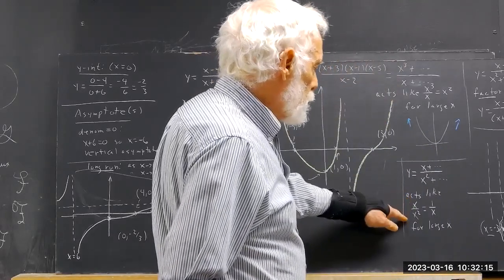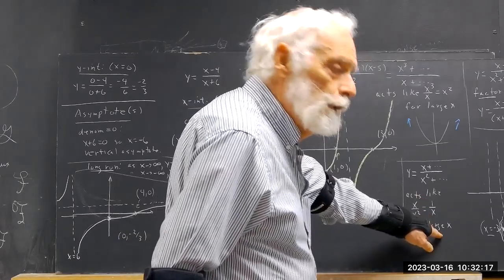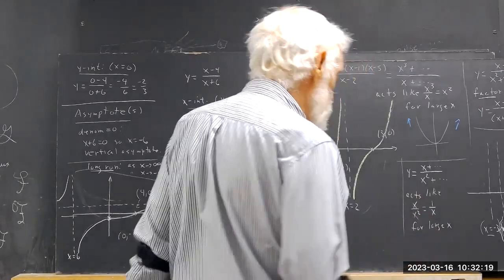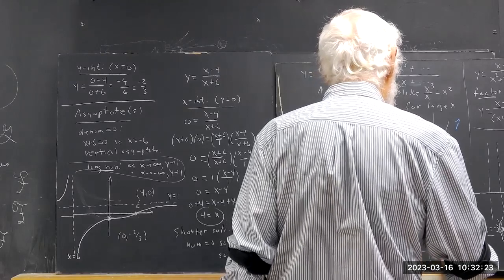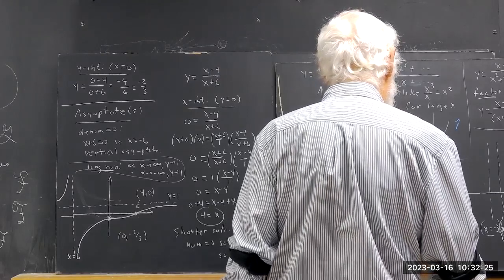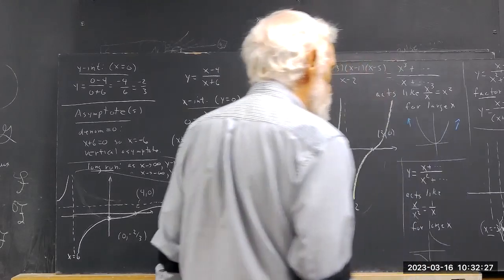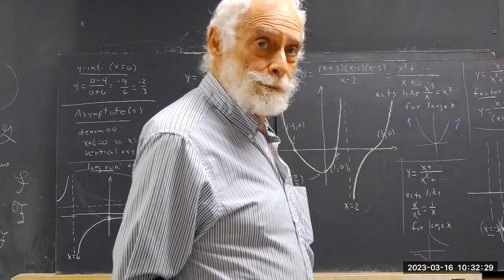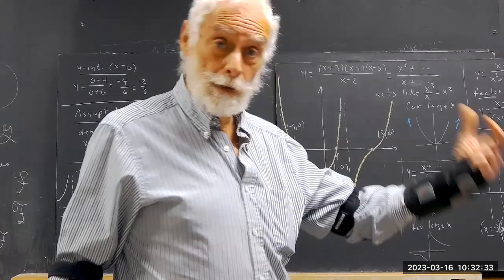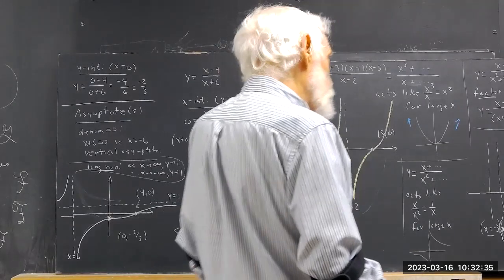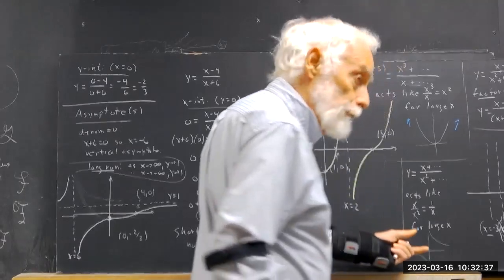So it acts like x over x squared, which is 1 over x for large x. What's that look like? It looks like this. And of course, you got to know that instantly because you got to know the basic toolkit functions.